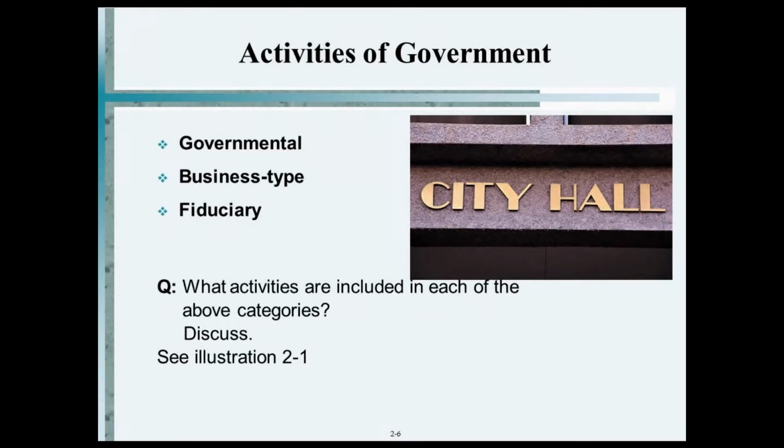You're holding money, taking care of assets which are not yours. In this case, the government is holding assets for someone else's benefit. The State of New Jersey has a pension fund which it manages for others, its employees. So it acts in a fiduciary capacity. So you get those three, right?